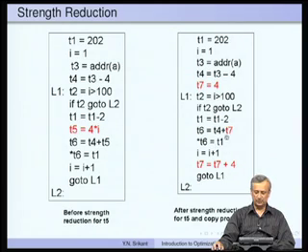We have done these two and replaced this T6 equal to T4 plus T5 by T6 equal to T4 plus T7, and we have removed the statement T5 equal to 4 star I. So, this is strength reduction. It requires a little bit of code for initialization and then perhaps even a copy propagation.